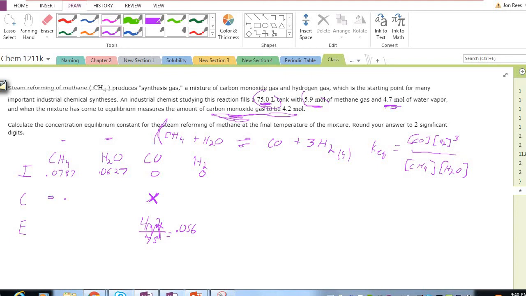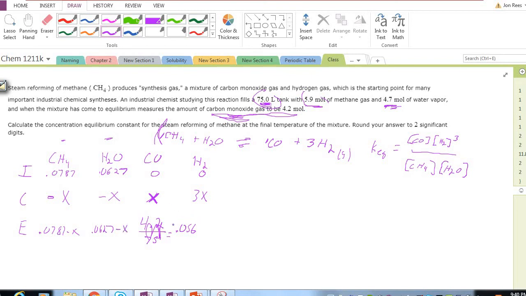It's going to be a minus X, because it's a 1-to-1 stoichiometry. It's going to be a minus X as well because it's a 1-to-1 stoichiometry. And it's going to be 3X right here because it's a 1-to-3 stoichiometry. So when I come down to equilibrium, I get 0.0787 minus X, and 0.0627 minus X for H2O.